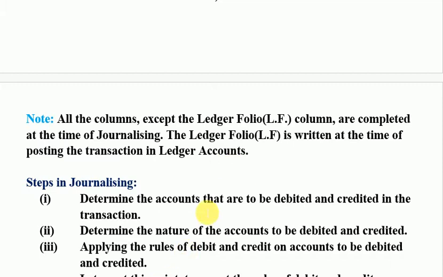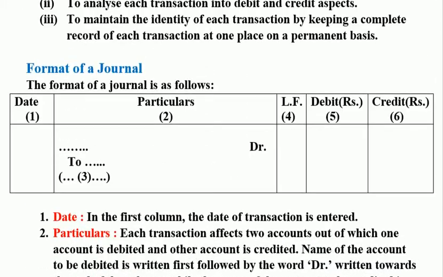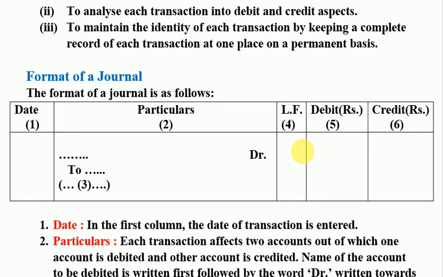So whenever we do the ledger work, at that time we'll record that particular page number in the column of ledger folio. So right now there is no use of ledger folio in recording the journal entry. We'll only use the date column, particulars, debit column and credit column. Clear?